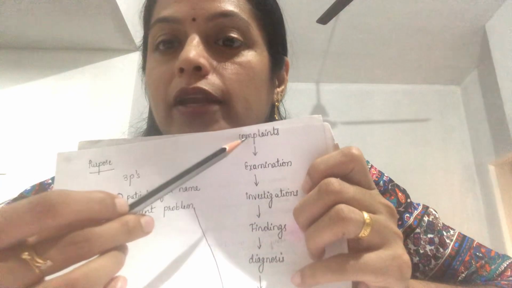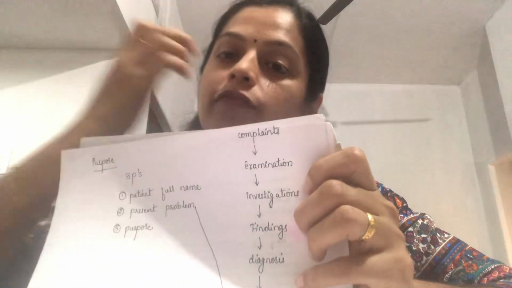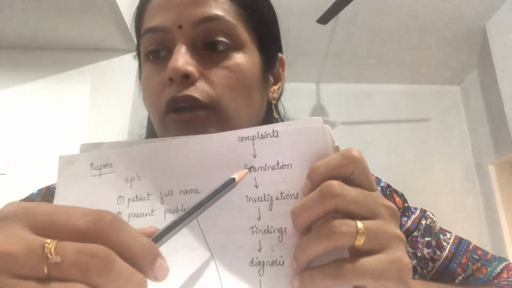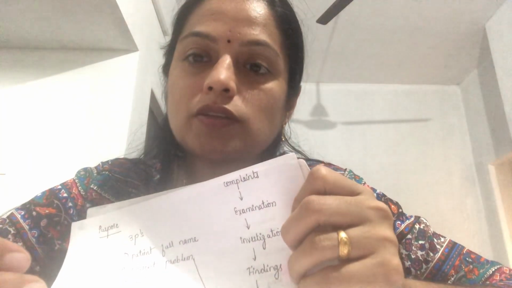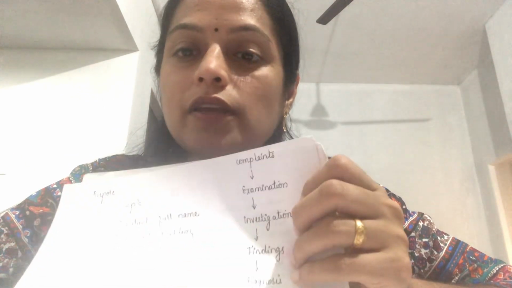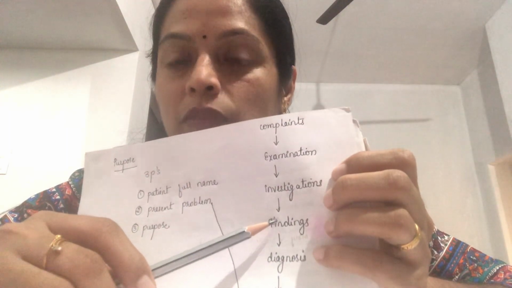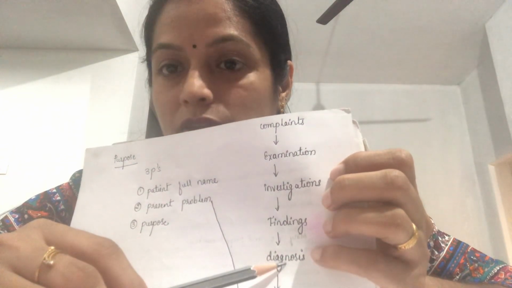See how you can select the present problem. With what complaint the patient got admitted to hospital. After the admission, usually we do an examination. After the examination, we decide what investigations need to be done. After the investigations, we see the findings. Based on those findings, we diagnose his condition.